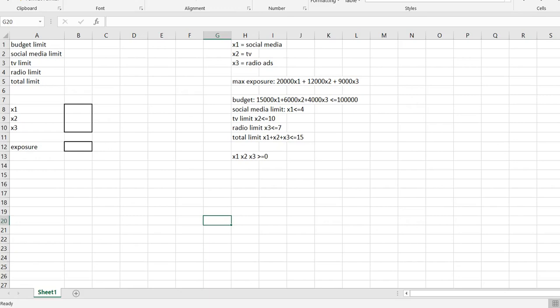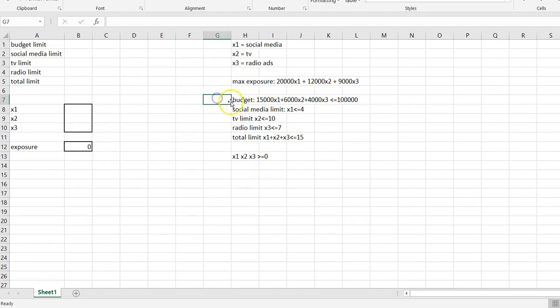Let's solve it in Excel. So here are our 3 blank cells in B8, 9, and 10. Our exposure equals 20,000 times X1. Remember, we're always clicking the blank cell, plus 12,000 times X2 plus 9,000 times X3. Now our budget limit.